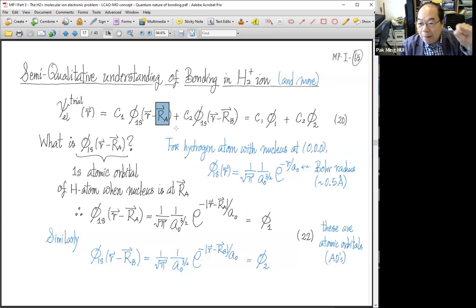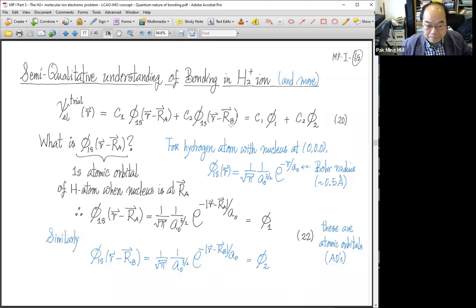That is where I put the A nucleus. Similarly, phi 2 is centered at a different place. That is where I put the B nucleus. The separation between RA and RB is my R, the parameter, the distance between the two nuclei.